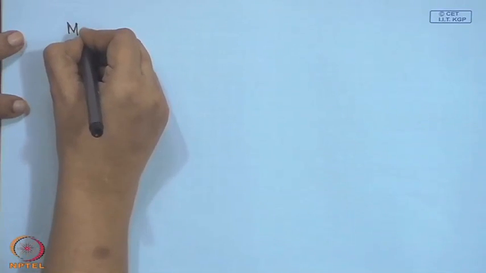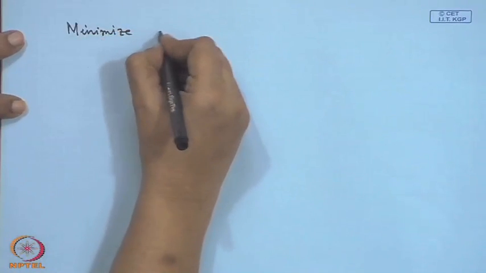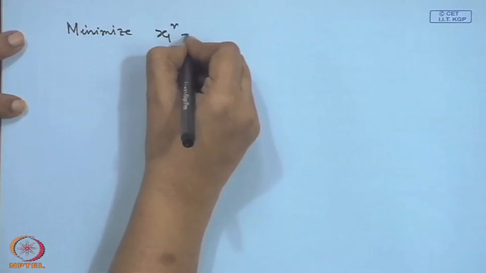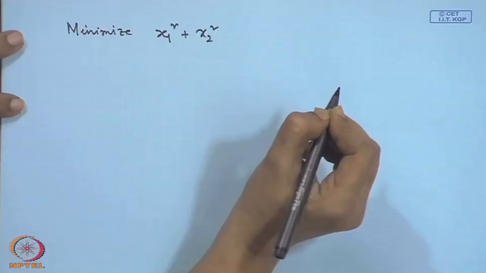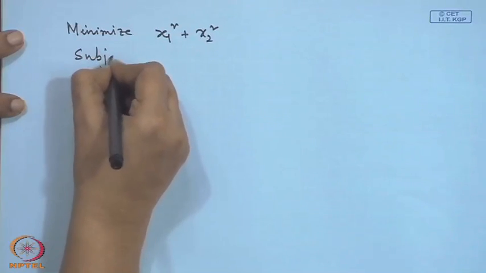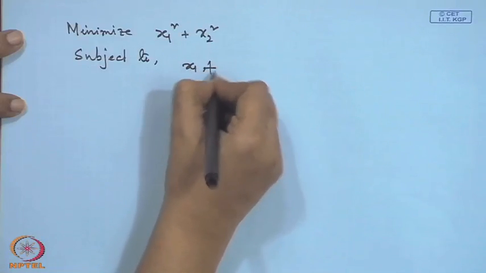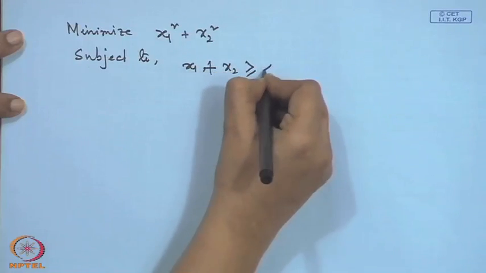That part we will consider next. Before doing that, let me consider a minimization problem and try to visualize what the usable direction is and what its meaning is. Plus x2 greater than or equal to 4.